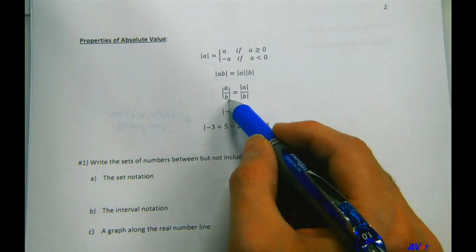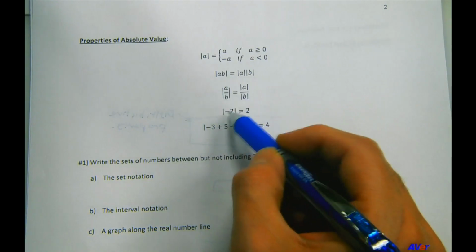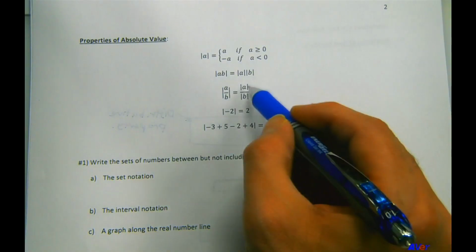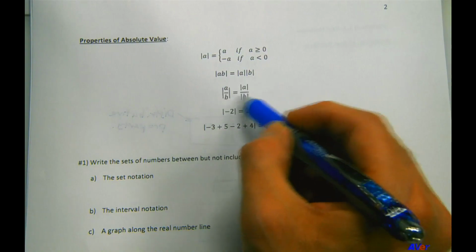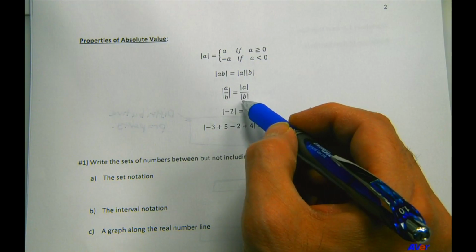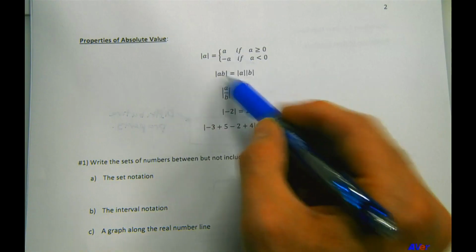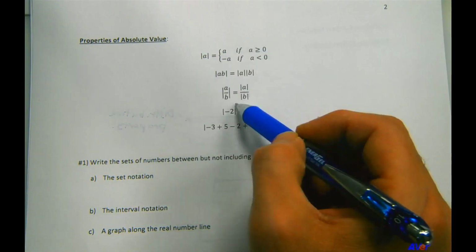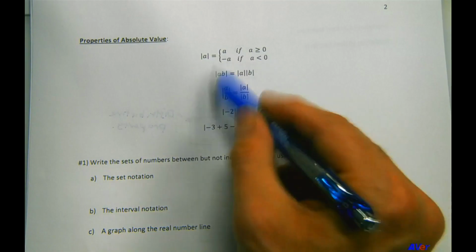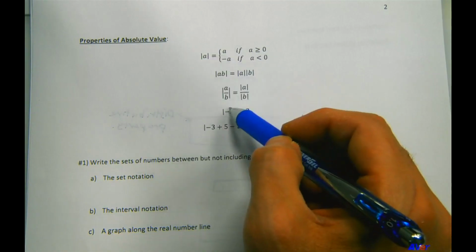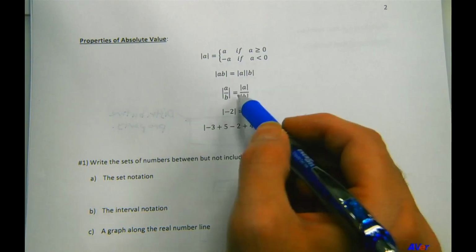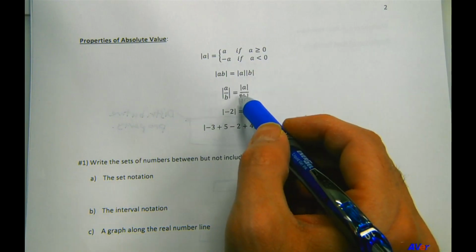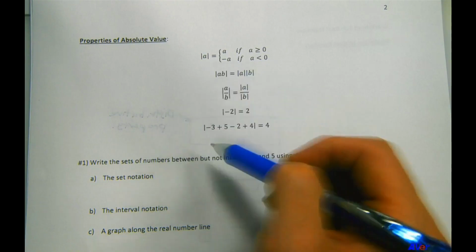And this one says that if you have the absolute value of A over B, you can split that absolute value into the absolute value of A divided by the absolute value of B. So again, try to understand these visually. A lot of what these properties are saying is a visual pattern or visual rule that we have to follow. So it's a visual rule. Make sure that you remember that.